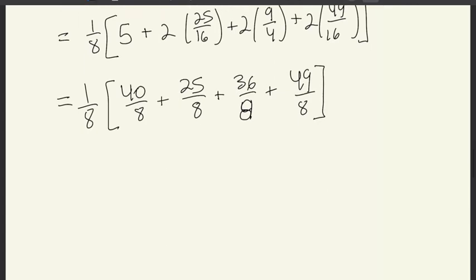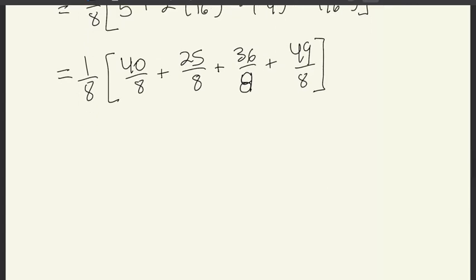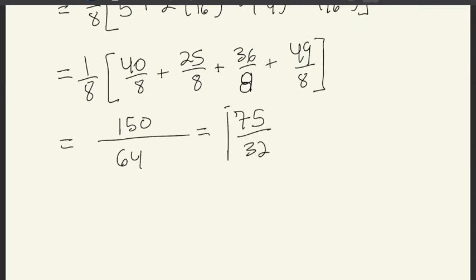And then you have 49/8. Okay, that is something over 64. 40 plus 25 plus 36 plus 49 is 150. Both of those are divisible by 2, so that would be 75 over 32.